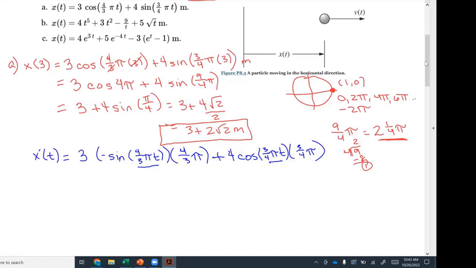And so now we just need to plug in t equals 3.